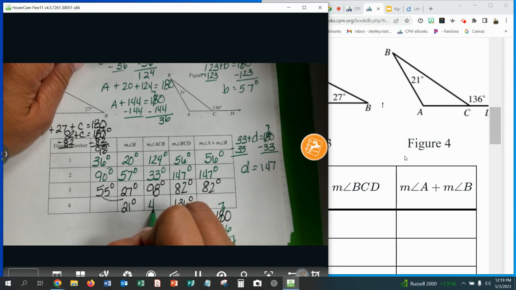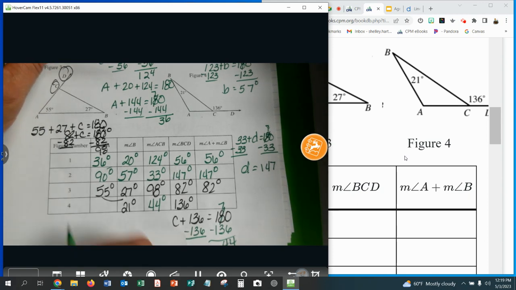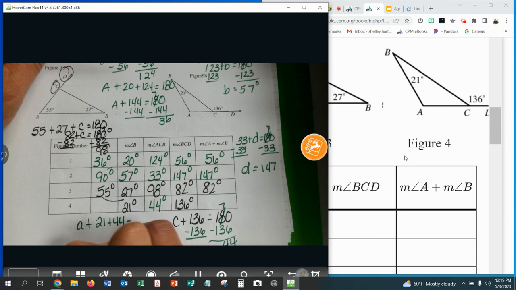So your C is 44 degrees. Now what we need to do is add up. We don't know what A is, but we have 21 degrees plus 44 degrees plus A equals 180.